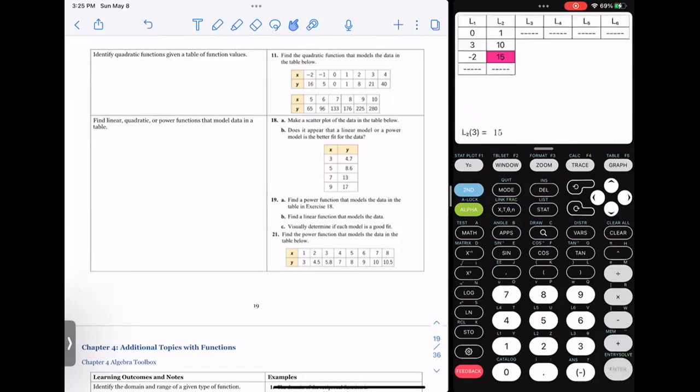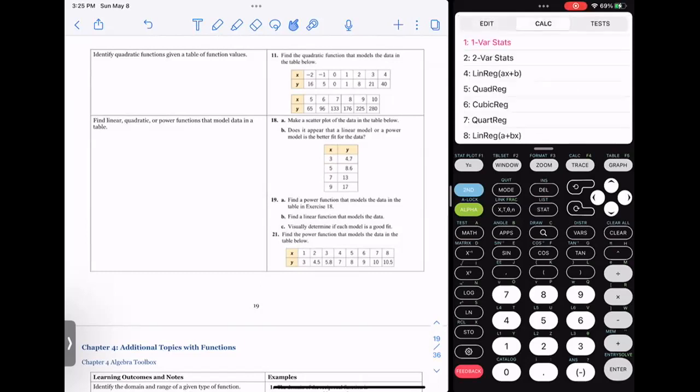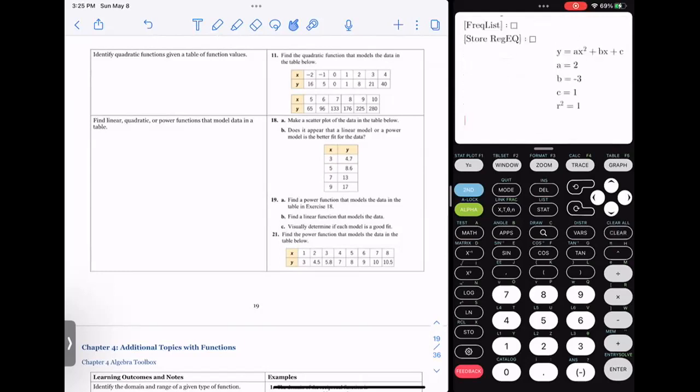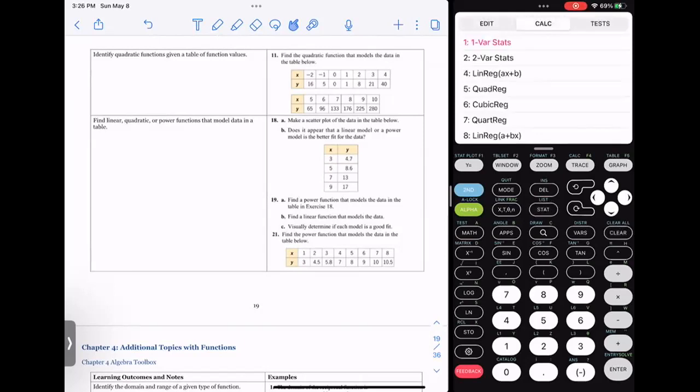So stat edit goes to your lists, right? And going to stat to the right where it says calc, there's QuadReg, or alternatively LinReg, CubicReg, QuartReg, LnReg, PwrReg, you know, all the regs, right?